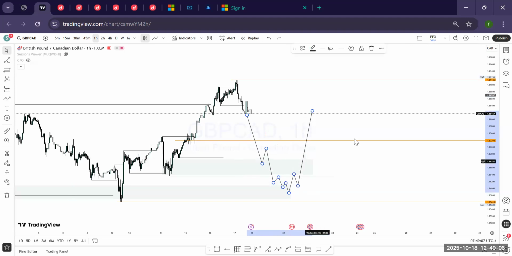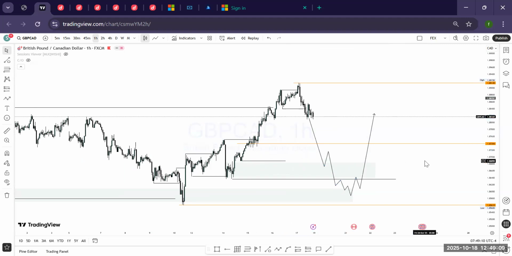Sure, you understand now? Sir, I want to ask something. Change of character is when the market changes from coming downward to upward. It will take out the high and then change direction upward. But if it takes out the high and continues in its former trend, that one is a sweep of liquidity.